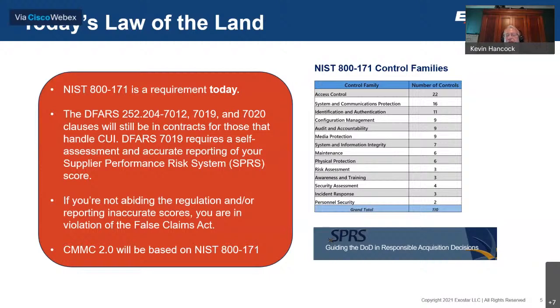And there was a recent announcement about CMMC, and in particular about CMMC 2.0. Now, the good news, if you will, for this community is that CMMC 2.0 is not going to really require things in addition to NIST.